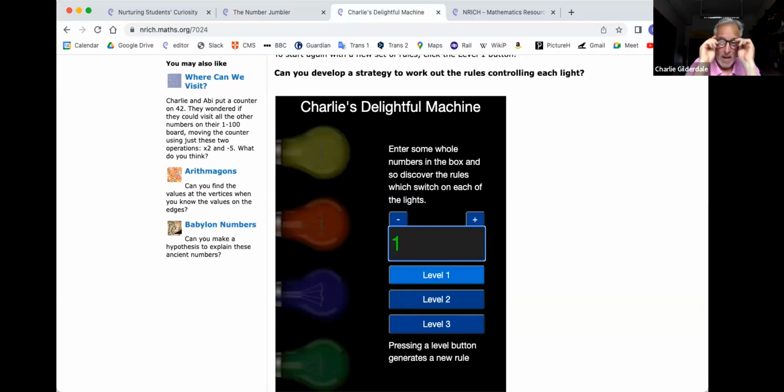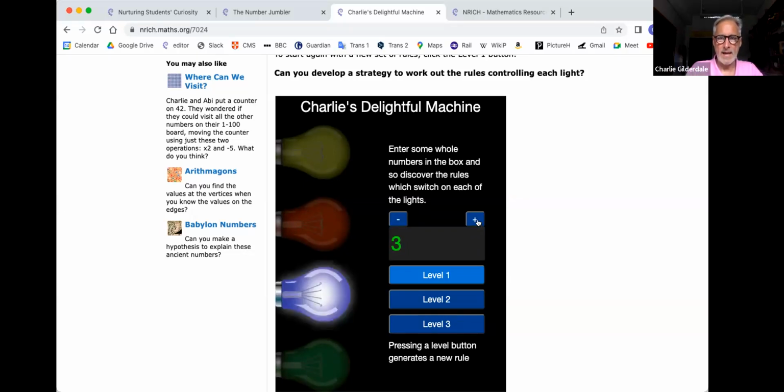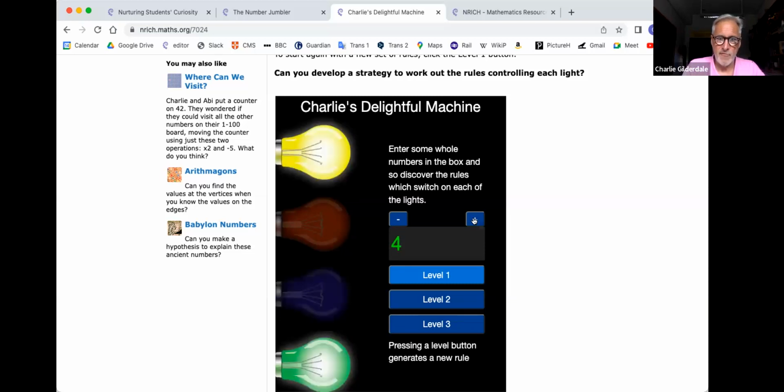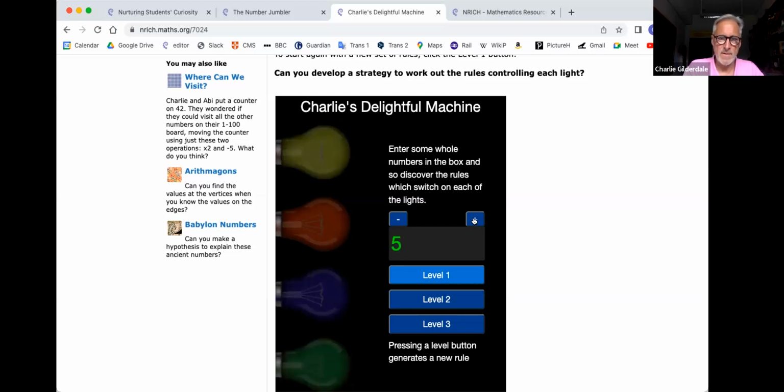Okay, so there are rules that apply to switching the yellow, the red, the blue, and the green light bulb. So I can keep adding numbers. So 3 switches the blue light on, 4 the yellow and the green, 6 the blue.